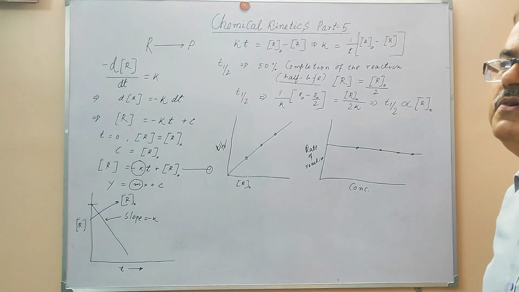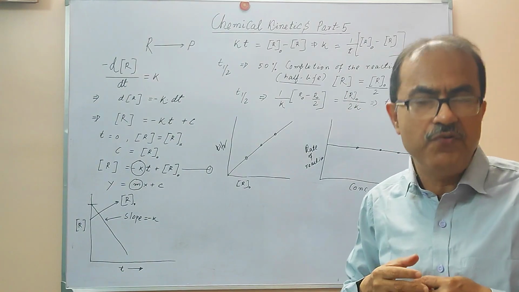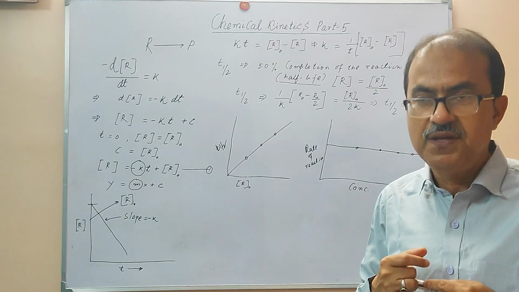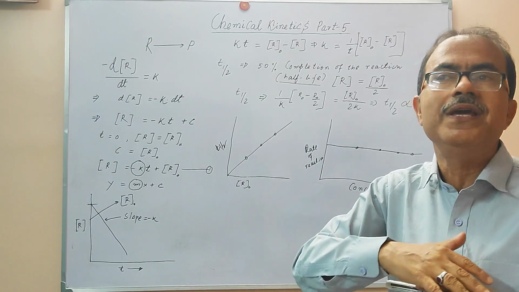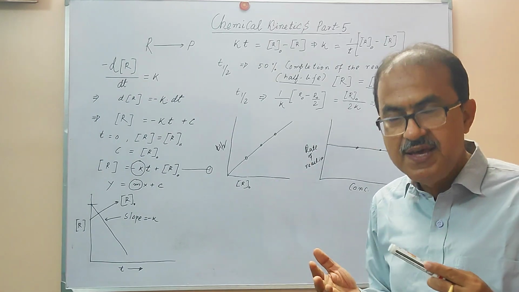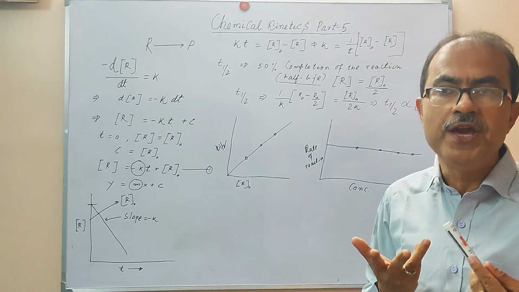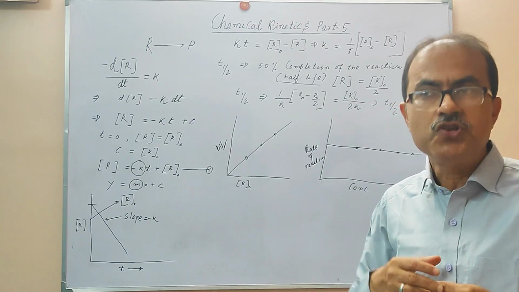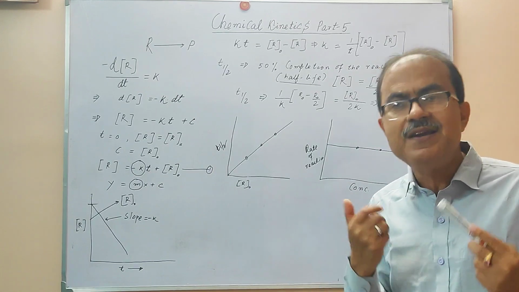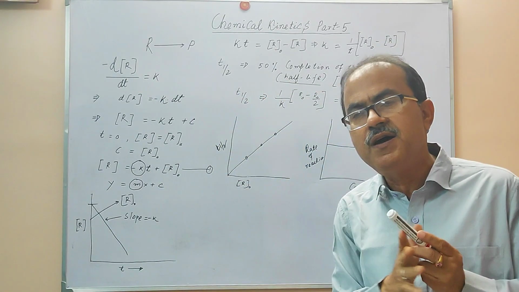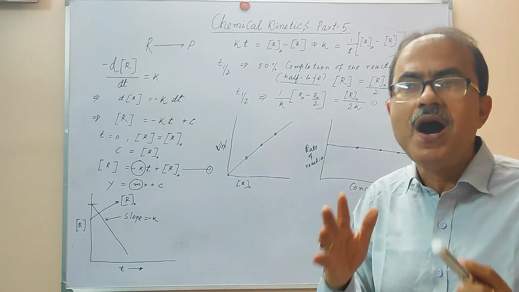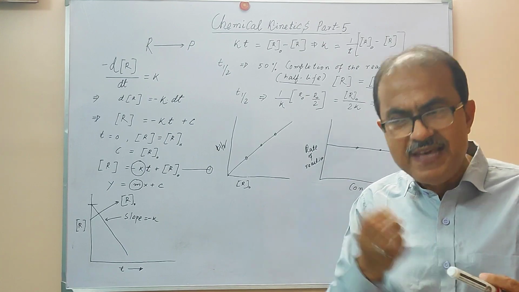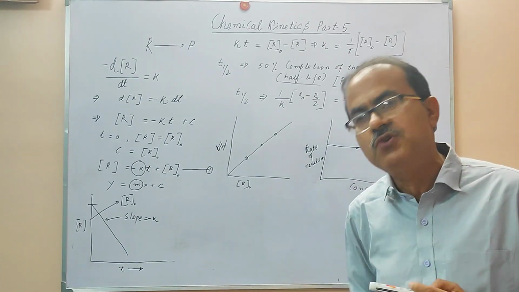This type of reaction is not normally found. Basically, there are some enzymatic reactions, and some reactions carried out on a hot metal surface, like the decomposition of ammonia on a hot metal surface. You will find that it follows zero order, because at high pressure and temperature the concentration of the reactant is so high, so saturated, that with time there will not be much change in the concentration.